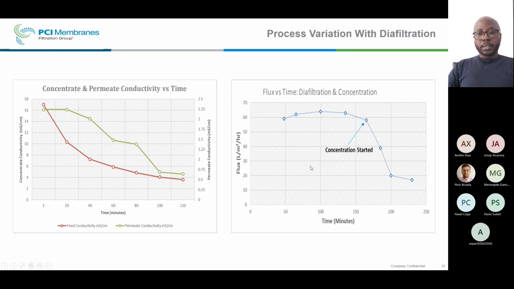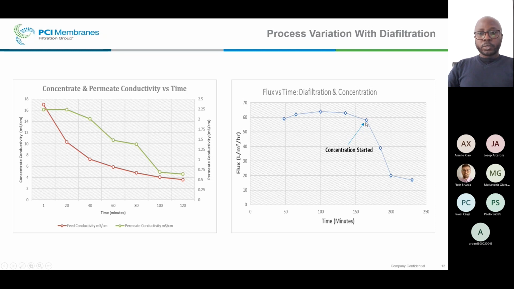On the right-hand side, you can see a variation of the flux, in terms of the volume of permeate produced per hour in relation to the membrane area, over time. The first stage of the process is mainly diafiltration, in which case the flux of the system is more or less constant. It reduces as the process progresses, and once the diafiltration is completed, the concentration phase is started.